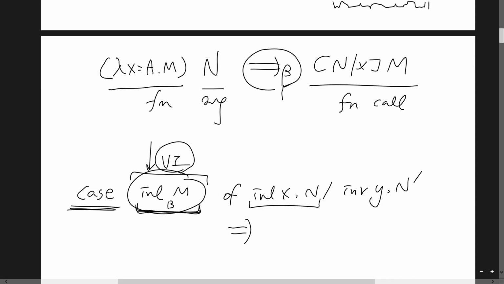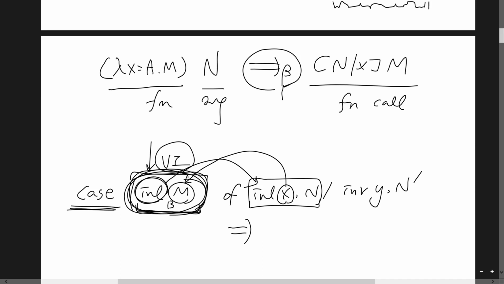You have created this proof term by applying injection left. So you have to take this branch. So you somehow perform pattern matching against this pattern. So x is going to assume this proof term M. So you end up with N where x has been replaced by M. So this is a beta reduction for injection left.